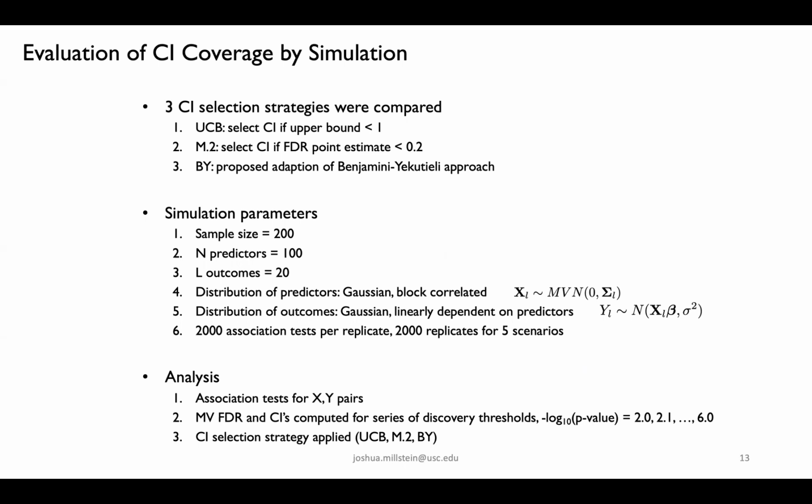But another method could be, if the point estimate is below 0.2 or below some value, then maybe we're interested in that interval.